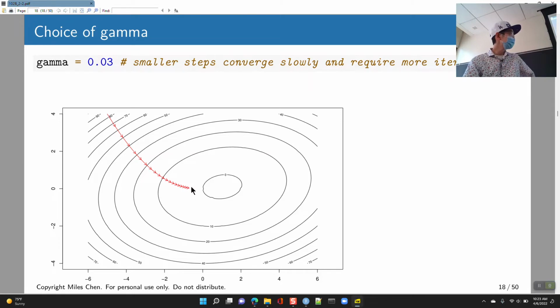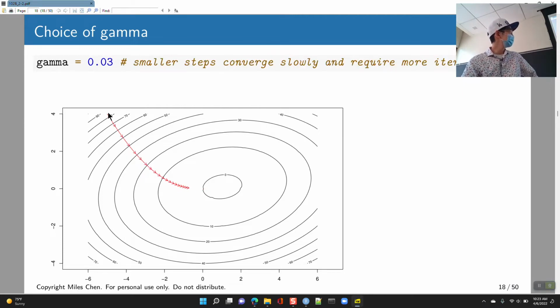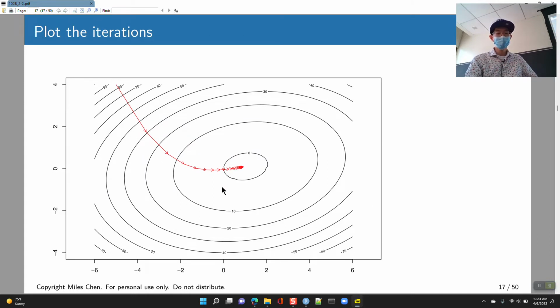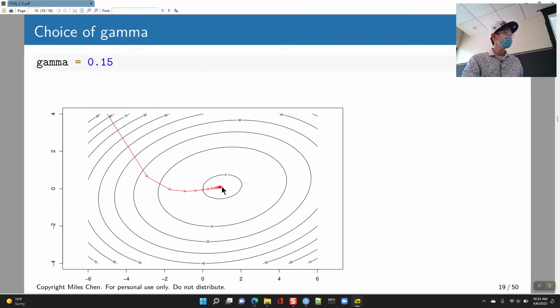And so this will converge eventually, but it just takes a lot more iterations. I could take a bigger step size, so here is gamma 0.15, and I've taken a big step, and I get closer to the center a little bit faster. All right, so this was gamma 0.1, gamma 0.03, gamma 0.15, so that's fine.